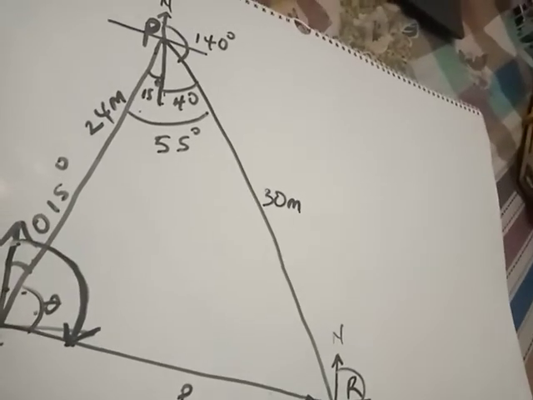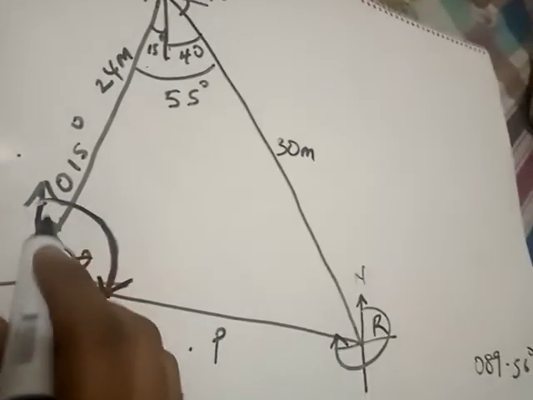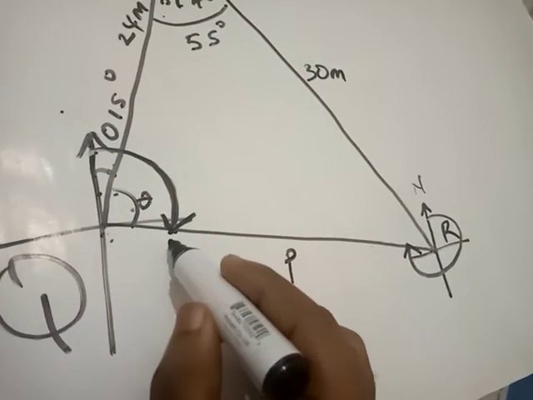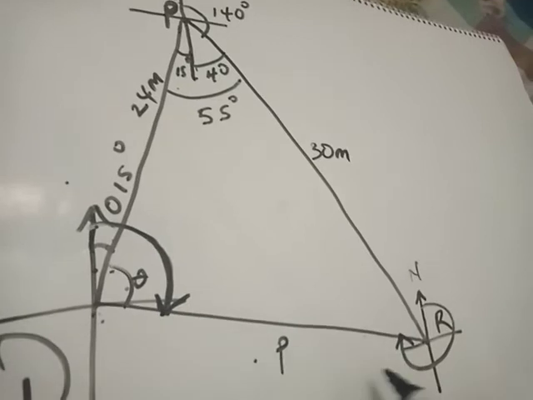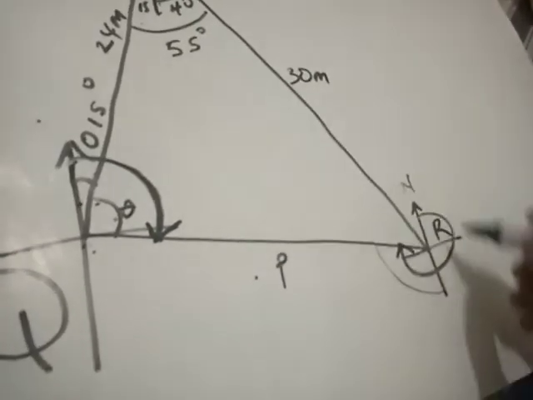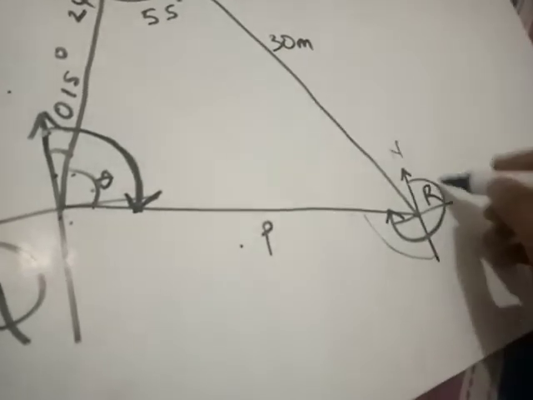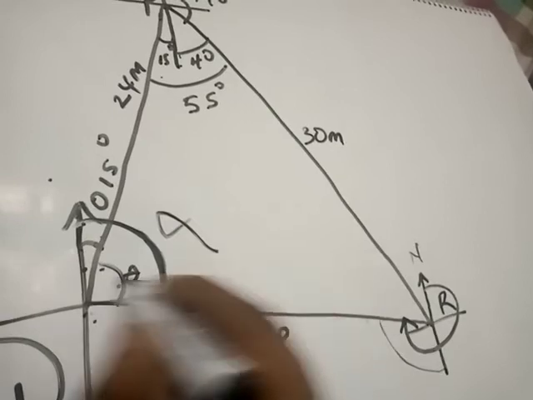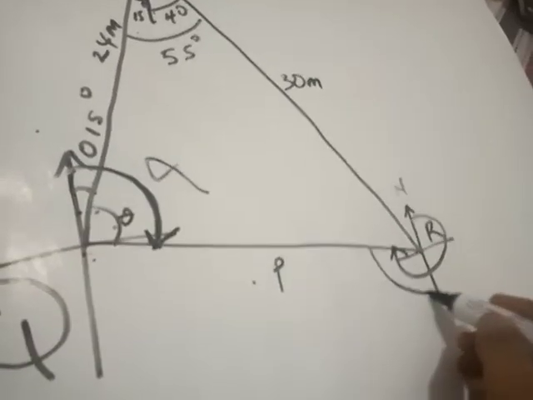You'll find out that this right here is alternate to this. So whatever you have here, you add 180 to it. Let me call this angle alpha. This angle is alternate to this.